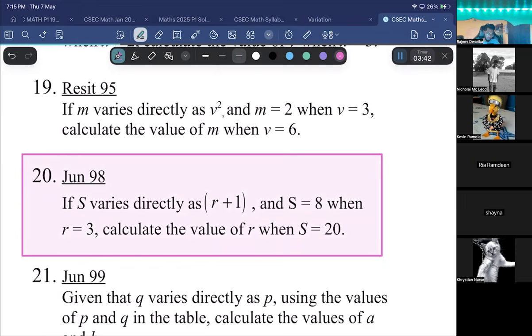Actually, I made a mistake. Let me just fix that one time. Russia and Salman answered that wrong, eh? Take your time and tell me the correct answer. Yes, sir.